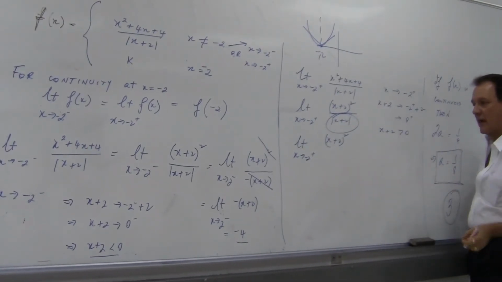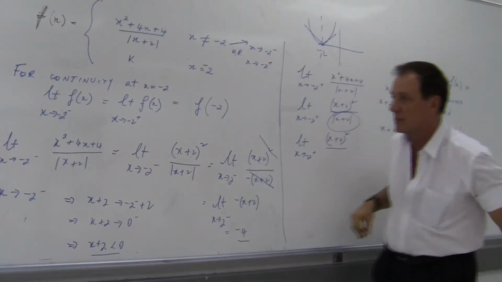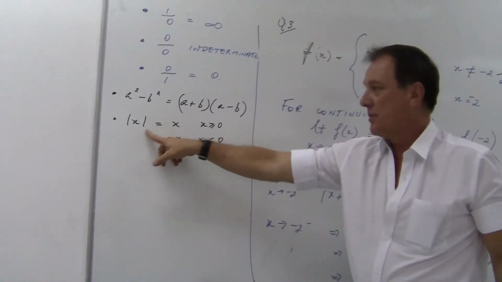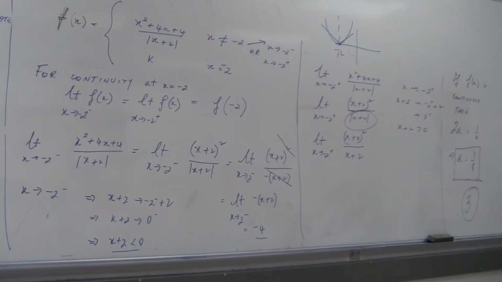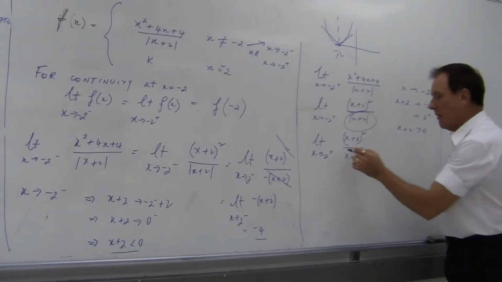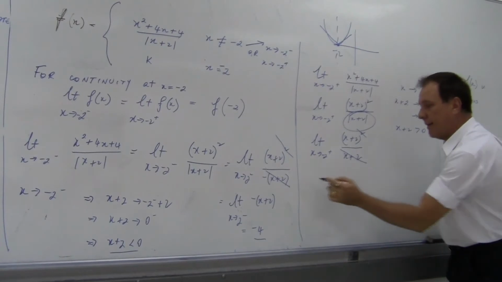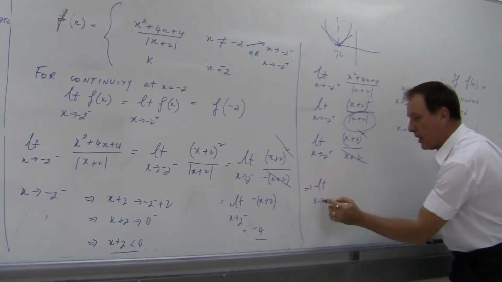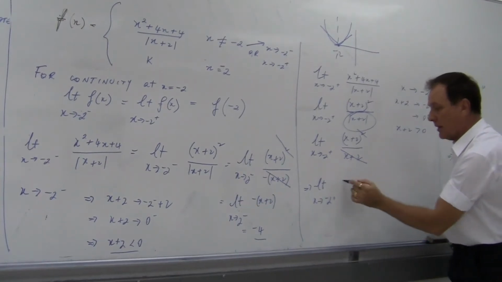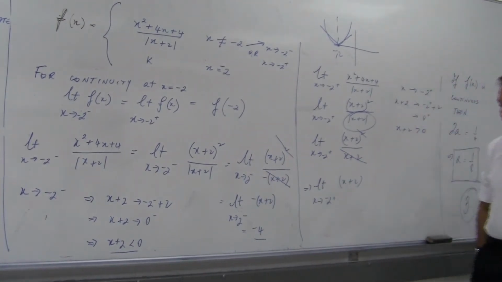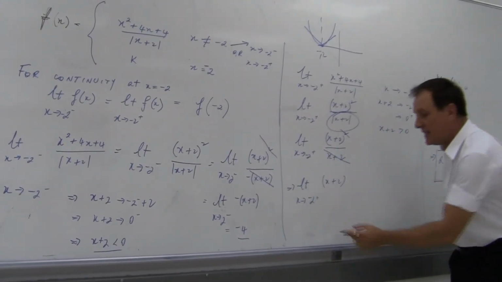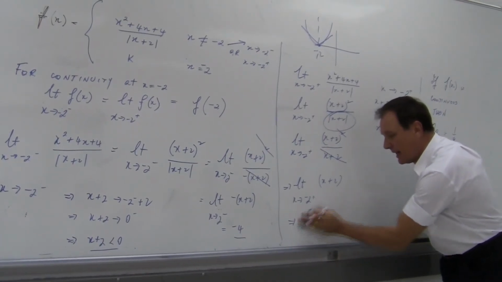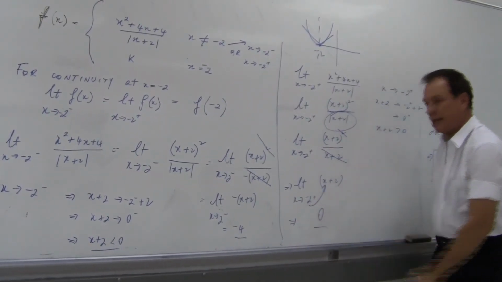So the absolute value of x plus 2, when it's greater than or equal to 0, is just equal to the value. So it'll be x plus 2. So I can cancel again, and I get the limit as x approaches negative 2 from above of x plus 2, and this time I get 0.